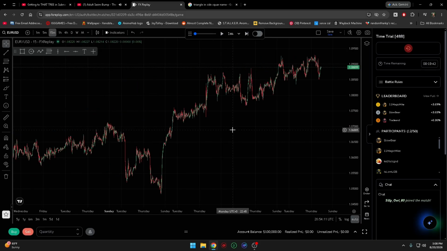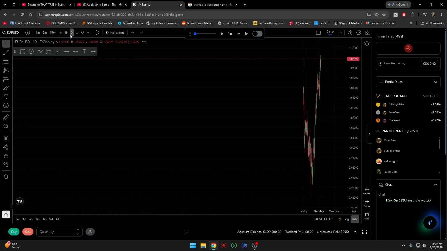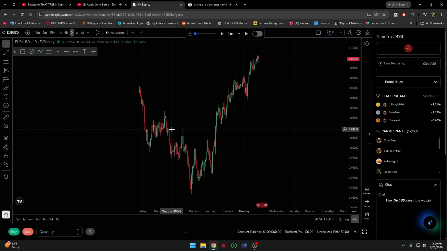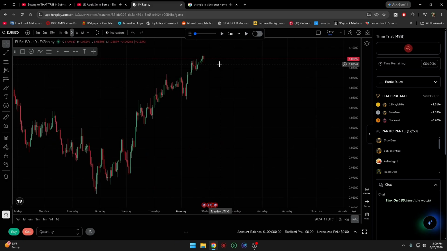On 15 minutes, see what price is on. Price is currently on the uptrend, just reacting to something. It was reacting to this area over here. Price is still going over though, so we're just gonna go over with it. Any questions asked? Nope. Pivot candles. I mean, it did pull back already, technically.